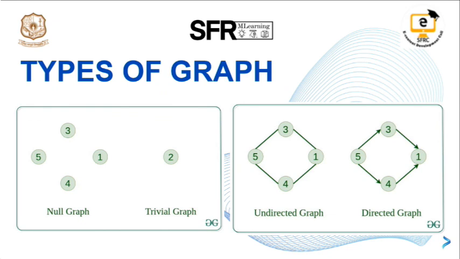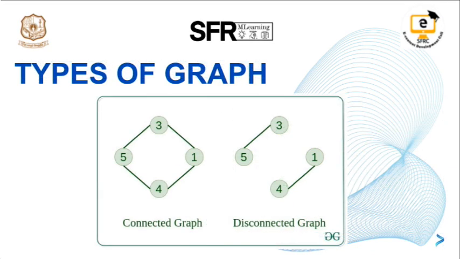The third type is the undirected graph. The undirected graph is a graph in which edges do not have any direction, that is the nodes are unordered pairs in the definition of every edge. The fourth type is the directed graph. A graph is said to be directed when its edges have direction, that is the nodes are ordered pairs in the definition of every edge.